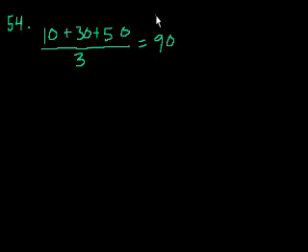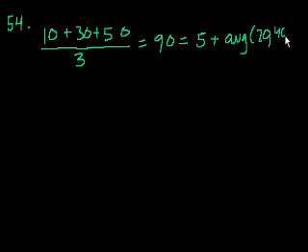The average of 10, 30, and 50 is 5 more than the average of 20, 40, and x.